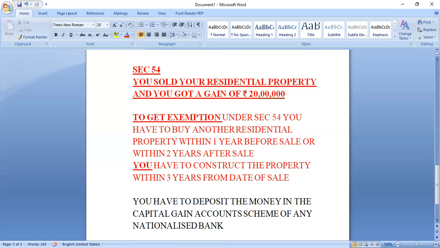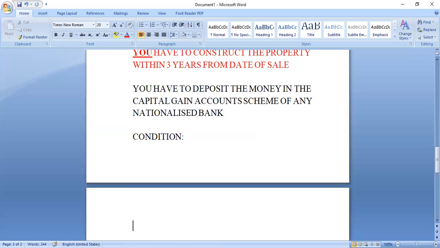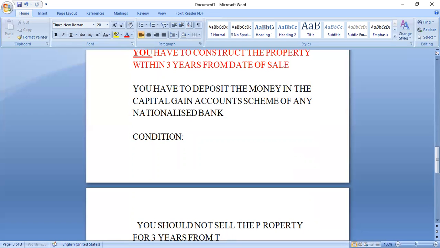And the condition is, terms and conditions will be there for everything. You should not sell the property for 3 years from the date of sale.